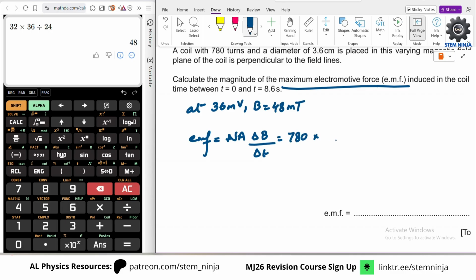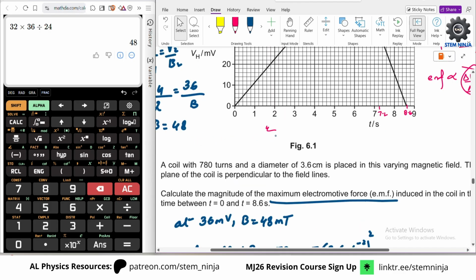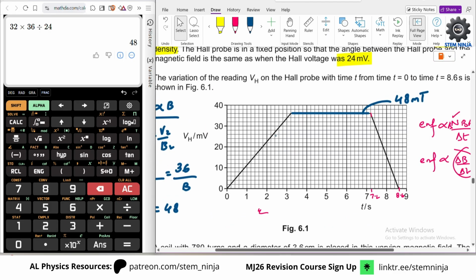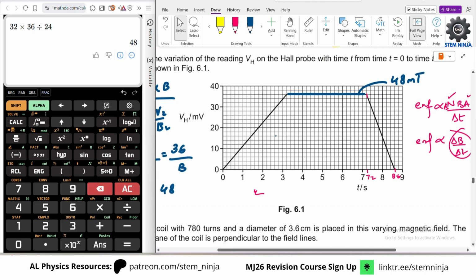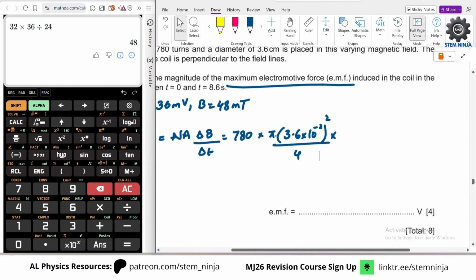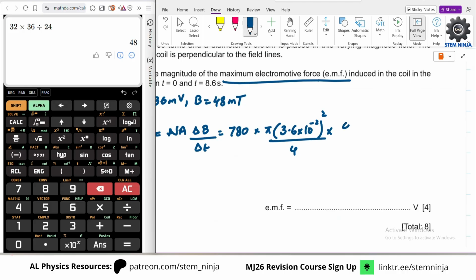Area is pi d squared over 4, so pi times (3.6 times 10 raised to power minus 2) whole squared over 4, and we need it in volts basically, so 48 millitesla.